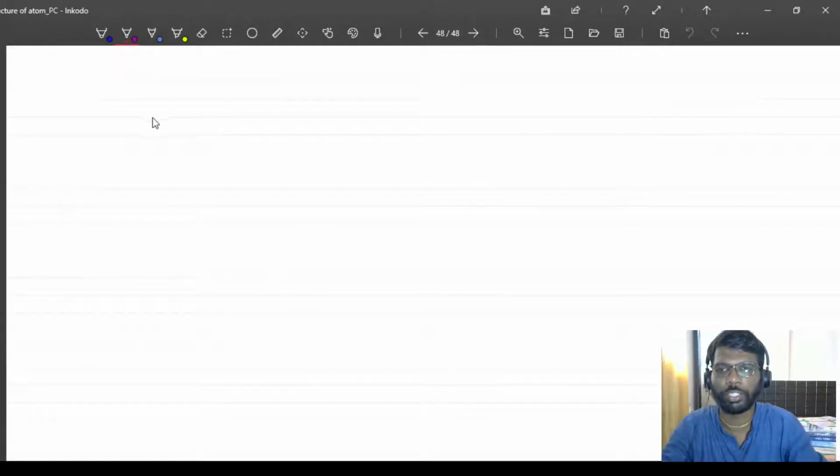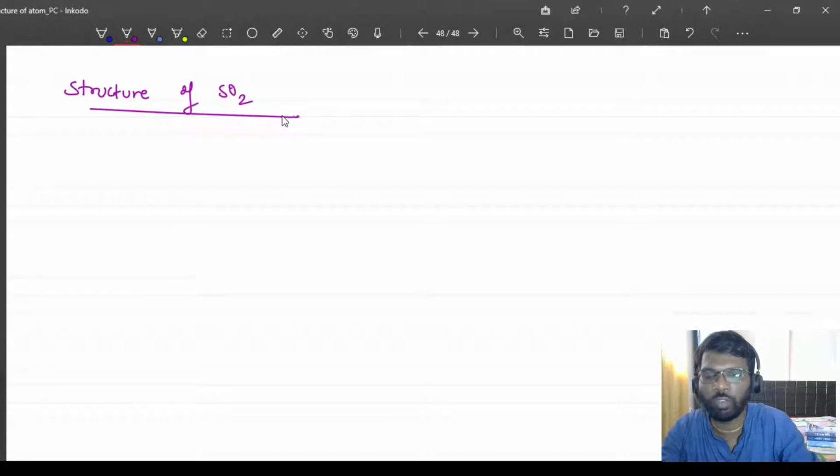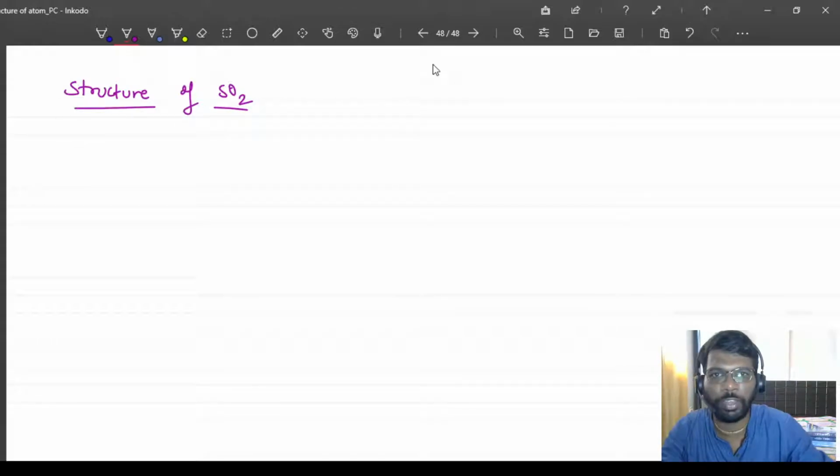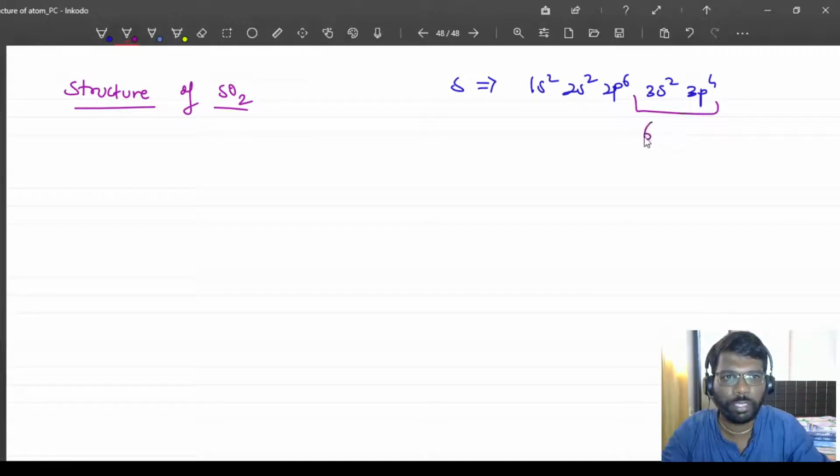Now coming to the structure of sulfur dioxide based on valence shell electron pair repulsion theory. I will write one structure of sulfur dioxide. The electronic configuration of sulfur is 1s2, 2s2, 2p6, 3s2, 3p4. This means there are six outermost electrons, six valence electrons.